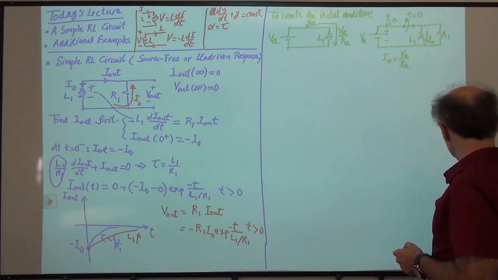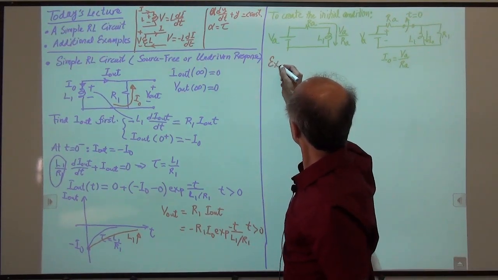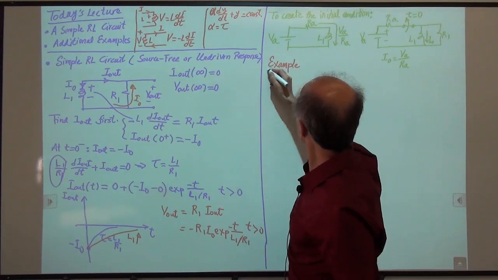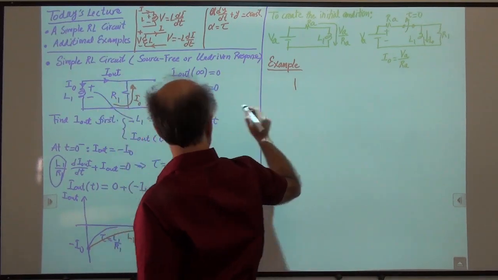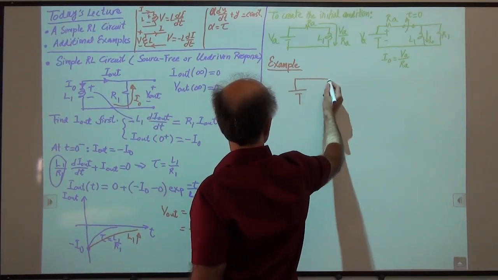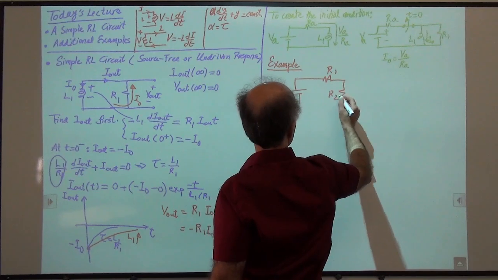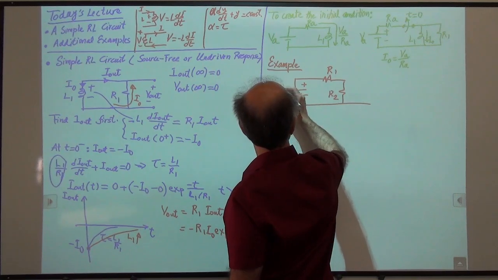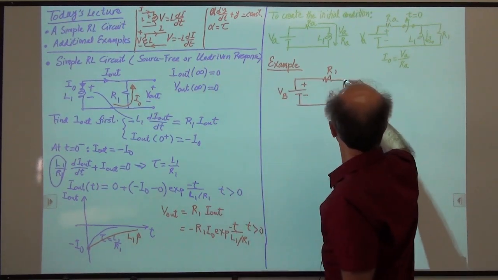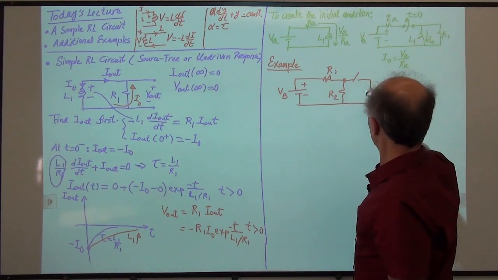All right, let's go to another example here. Suppose I have a battery, resistor R1, resistor R2, VB, and we have a switch here, and we have an inductor here, L1.